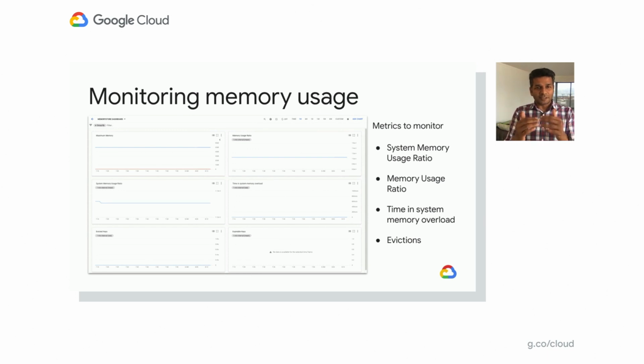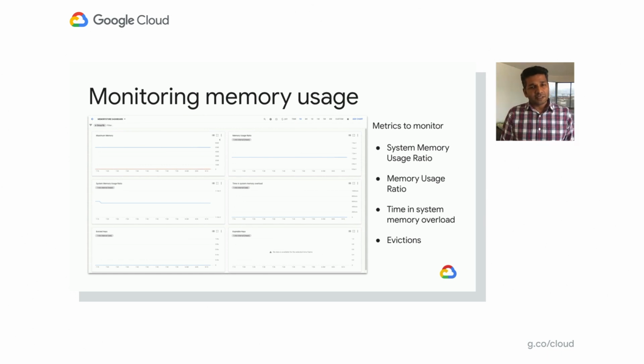But the experience that you will get when you hit that limit is essentially out-of-memory errors on your applications when you try to do writes. So one of the things that you want to monitor is whether your instance is getting into that condition or not. It could be that there are some peak workloads where you briefly get into that condition, but then the steady state is actually okay. But it's something to keep monitoring, which will allow you to determine whether you need to right-size your instance or not.